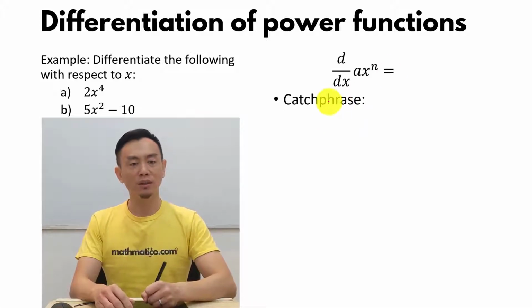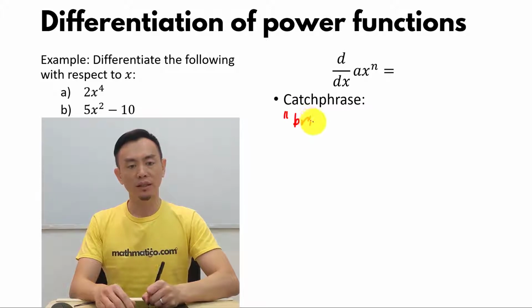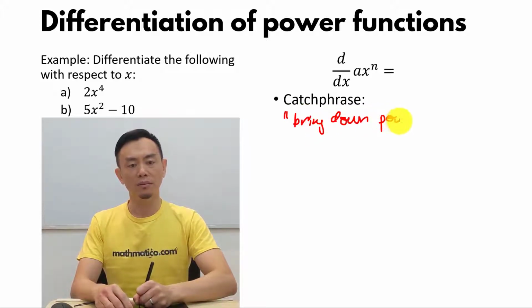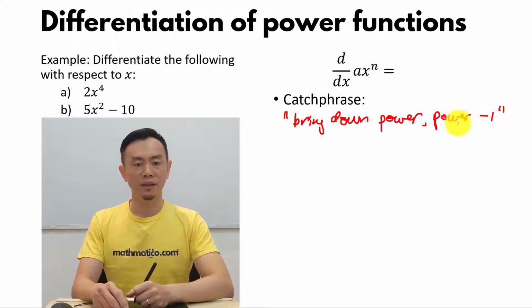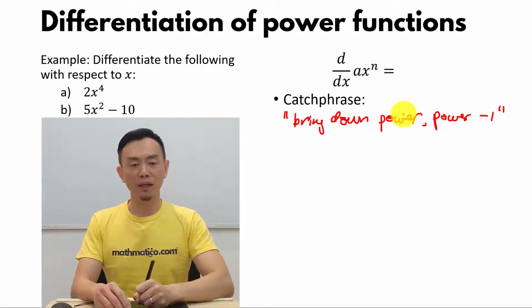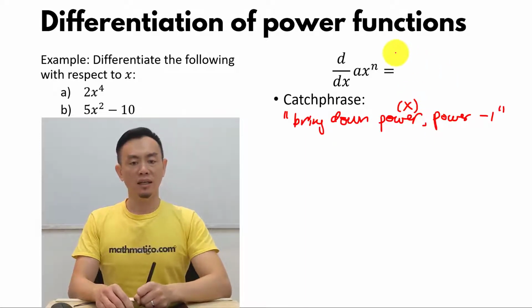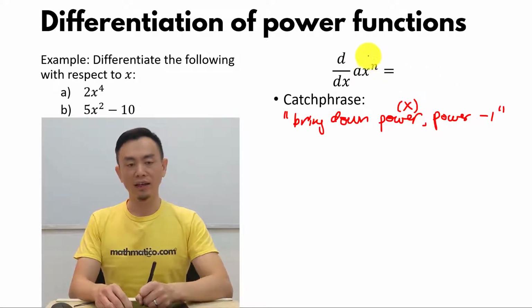Okay, so the catchphrase is: bring down the power, minus 1. When you bring down the power, it means that you multiply. Let's apply it to this ax to the power of n.